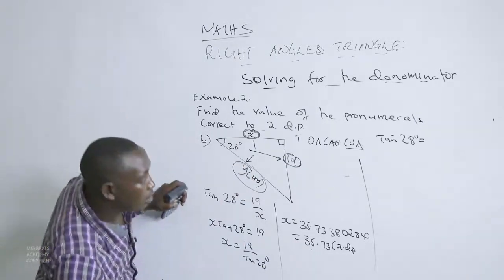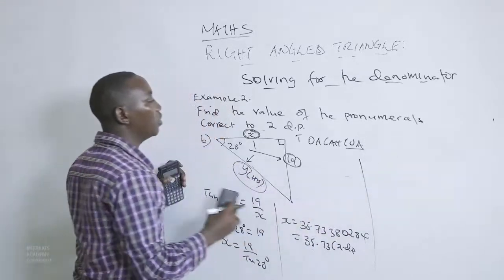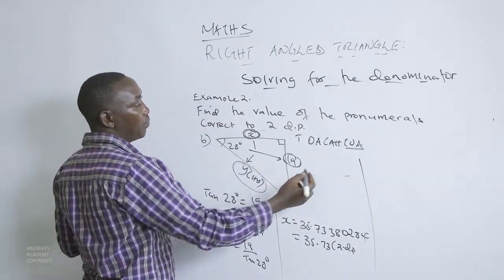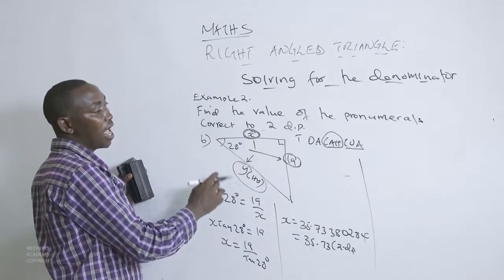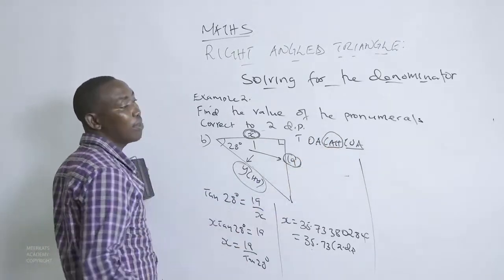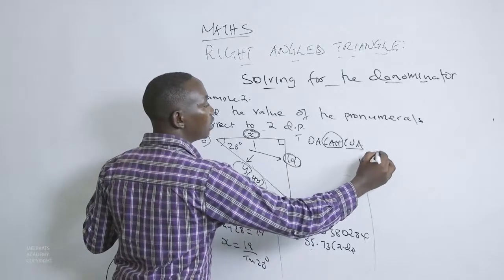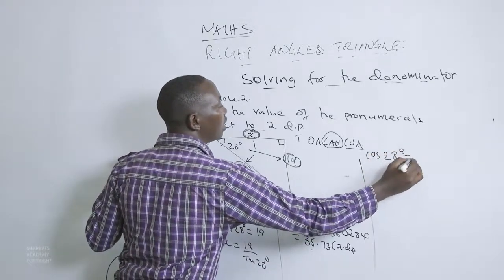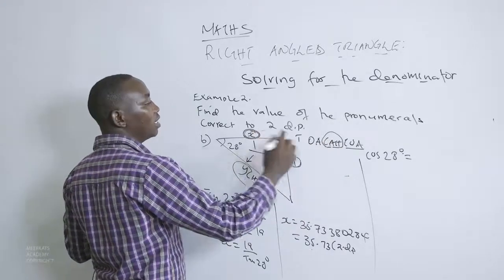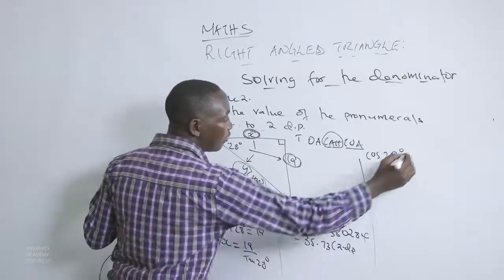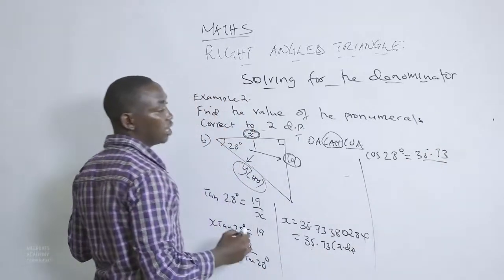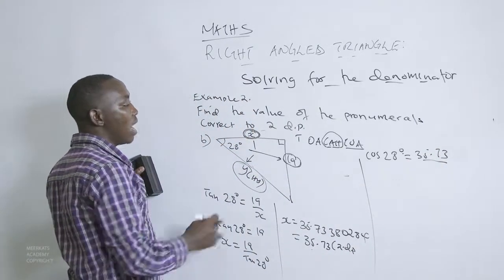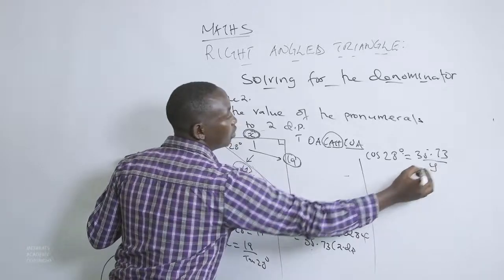That means we are going to use cosine of this angle, so that we use adjacent and hypotenuse. Therefore, cos 28 degrees is given by the adjacent, which is x, 35.73 corrected to 2 decimal places, divided by the hypotenuse, which is y.